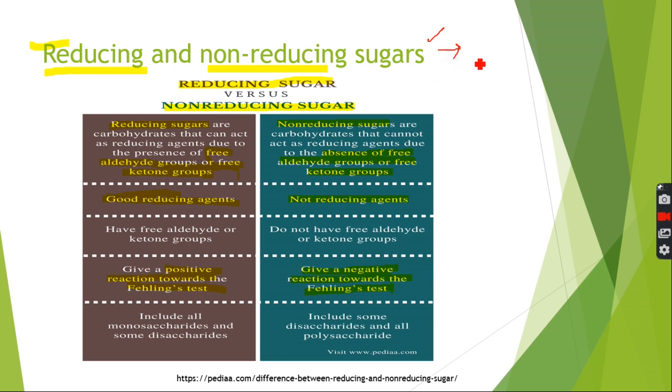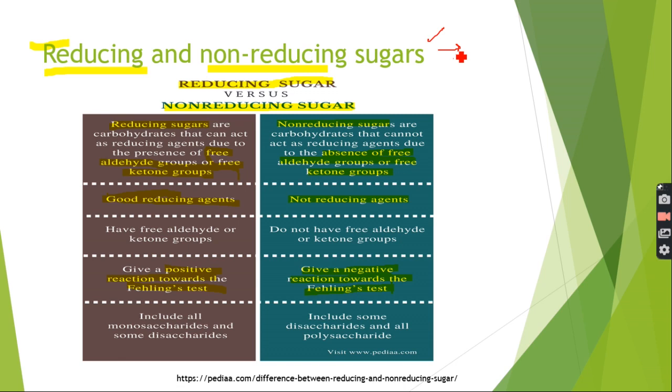When we say reducing or non-reducing sugar, it means sugar which acts as a reducing agent and sugars which do not. I'm sure everybody remembers what a reducing agent is: the one which undergoes oxidation itself and simultaneously helps in the reduction of the other component is called a reducing agent.